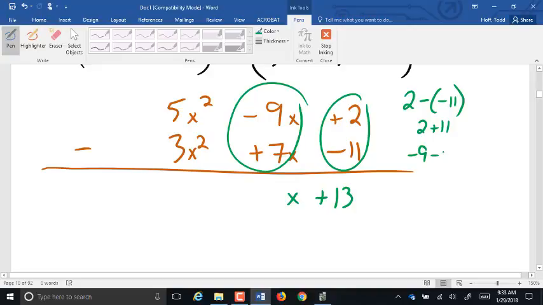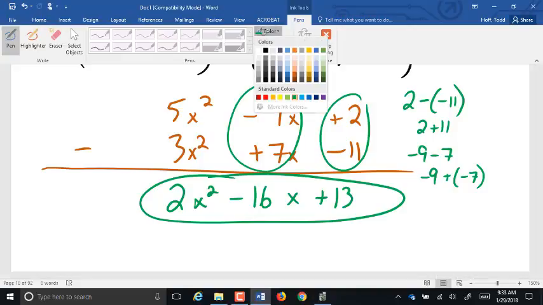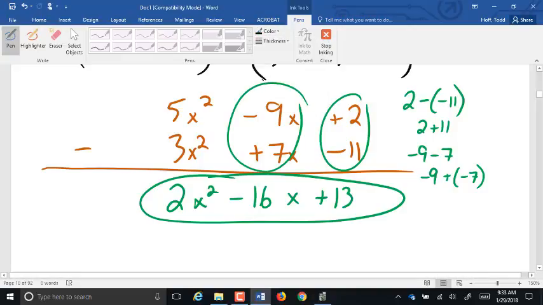It's a negative 9 minus 7, which is the same as negative 9 plus a negative 7. So that is a negative 16. Now 5 minus 3 we can probably do as just 2x squared. So this is where the negatives start to drive us nuts.